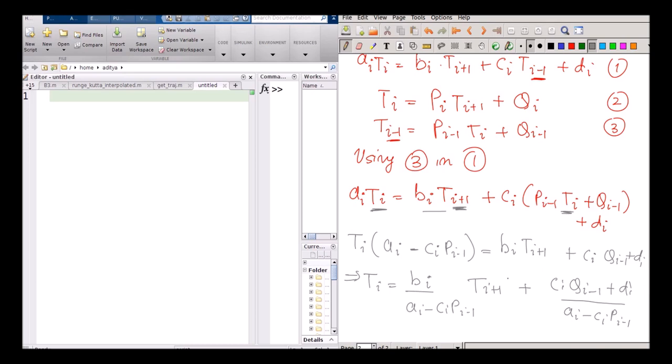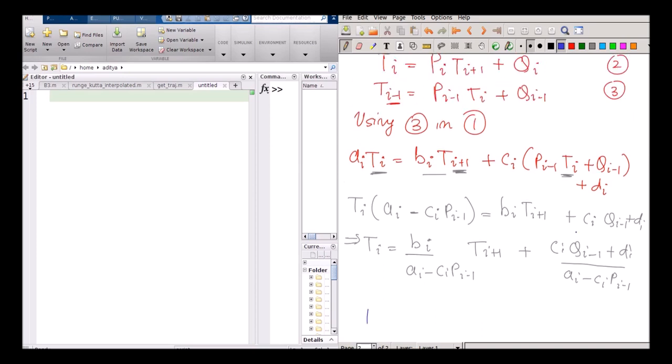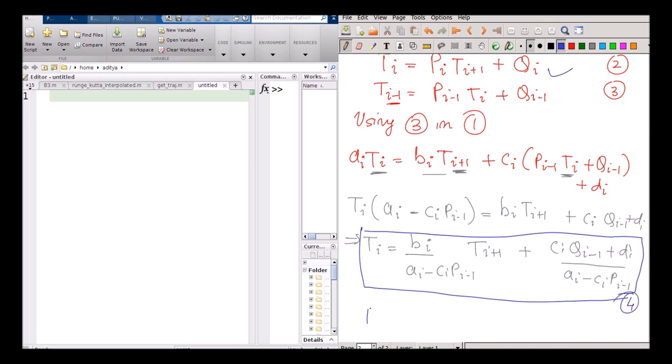And thus a keen observer will note that if I compare this particular equation, which I call equation 4, with equation 2, this particular coefficient is the same as Pi, and Qi is equal to this particular coefficient.